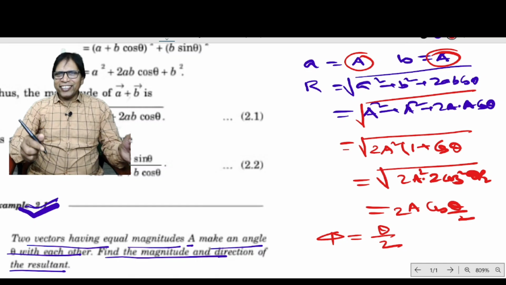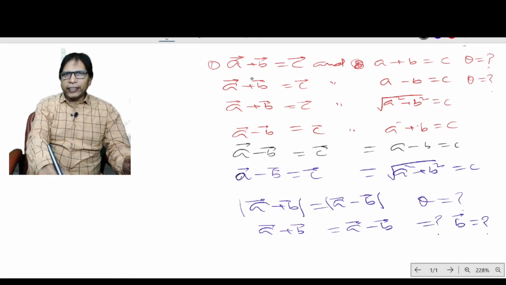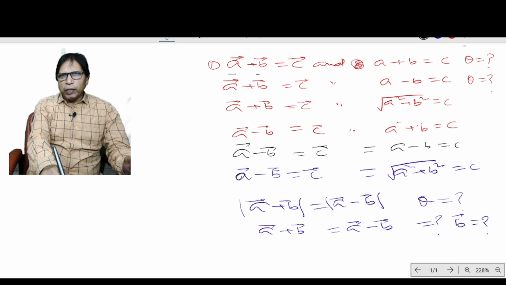Okay, understood? Now look at this, vector a plus vector b equals vector c, and magnitude a plus b equals c. We have to calculate the angle between vector a and vector b. In the same way, if the resultant becomes a minus b equals c, then also you have to calculate theta. And if the resultant is the square root of a square plus b square, we also have to calculate theta.